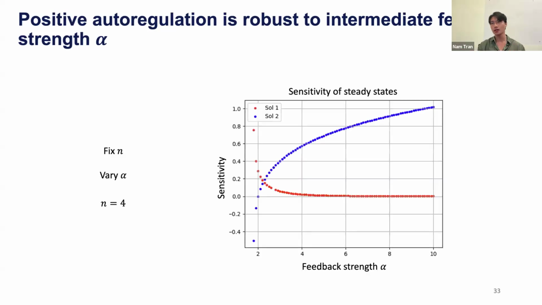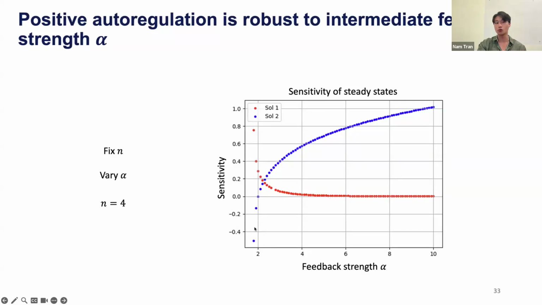So here is the plot. On the vertical axis is the sensitivity, and on the horizontal axis is the feedback strength. And blue and red are color-coded for the two steady states we saw before. For the red steady state, it's really sensitive at small alpha, but it's not sensitive at large alpha.